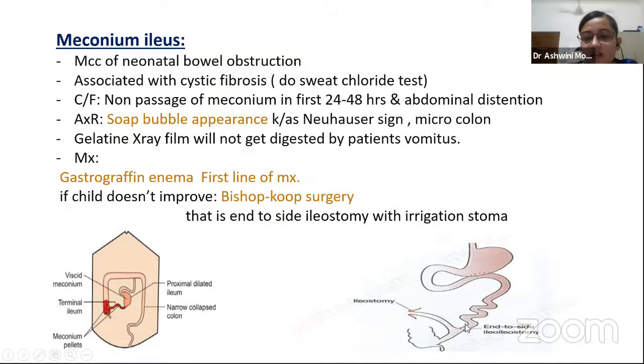So we will irrigate, stool will come from here, and we can irrigate also from this side. So it is called a Bishop-Koop surgery, end-to-side ileostomy. One is on the end of ileum, one is on the side of ileum, and one end is on the abdomen. So this was about the meconium ileus.